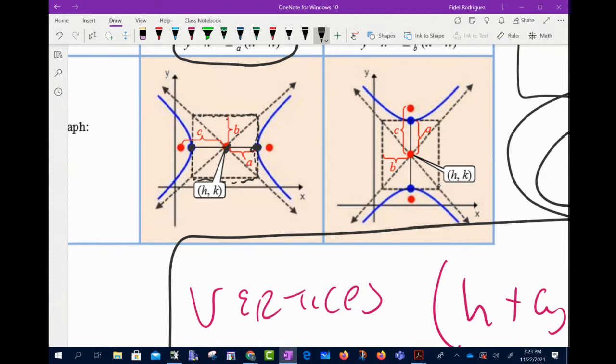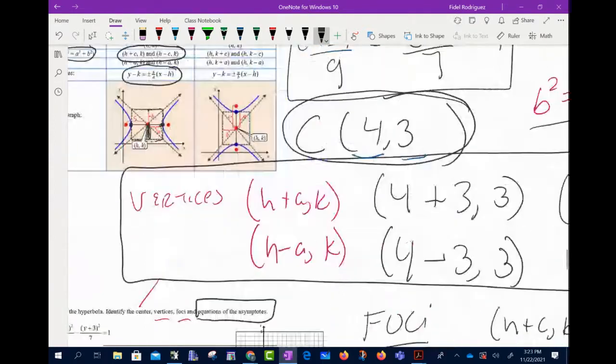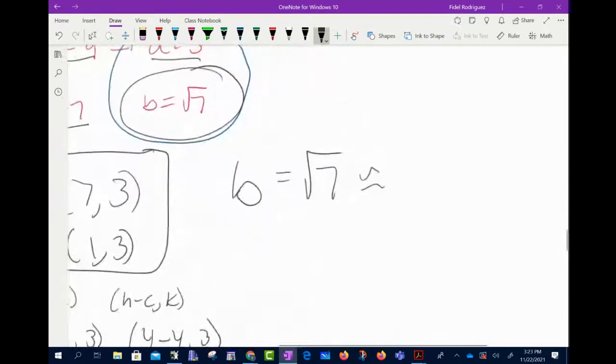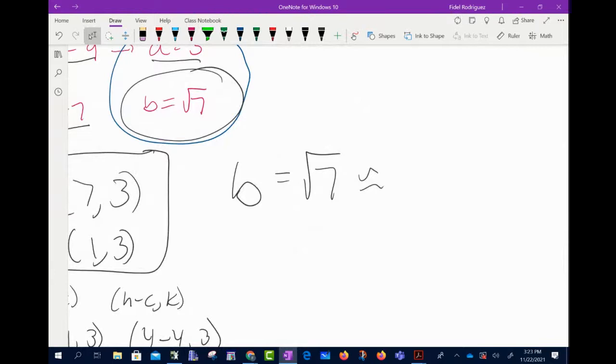The distance from here to here is the value of b, and the distance from here to here is also going to be b. What was our b number? Square root of 7. Can somebody tell me, with a calculator, what square root of 7 is approximately? It's probably like 2 point something.